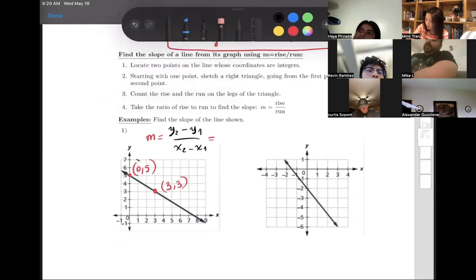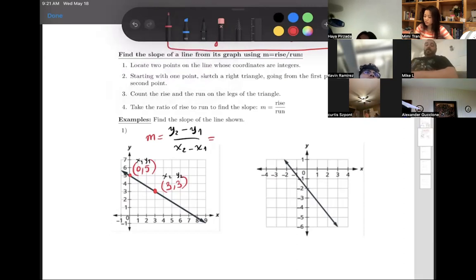If I was you, I'd label them x1, y1 and x2, y2. So y2 is 3. I recommend you label them so that you don't make mistakes. I know you know it, but sometimes you eyeball so quick, it's very easy to make a mistake. So y2 is 3, y1 is 5.